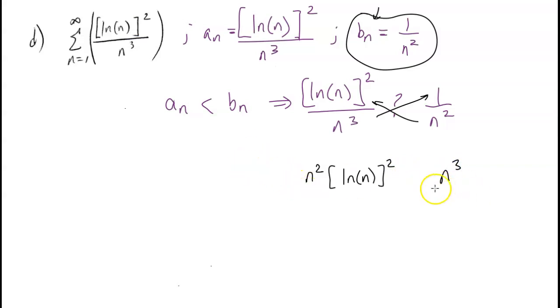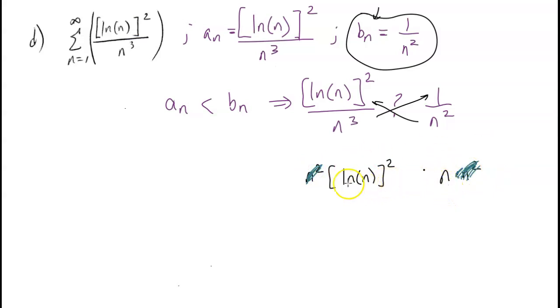Now, I'm going to rewrite n cubed as n times n squared. If we look at it this way, we see that the n squareds kind of nullify each other here.